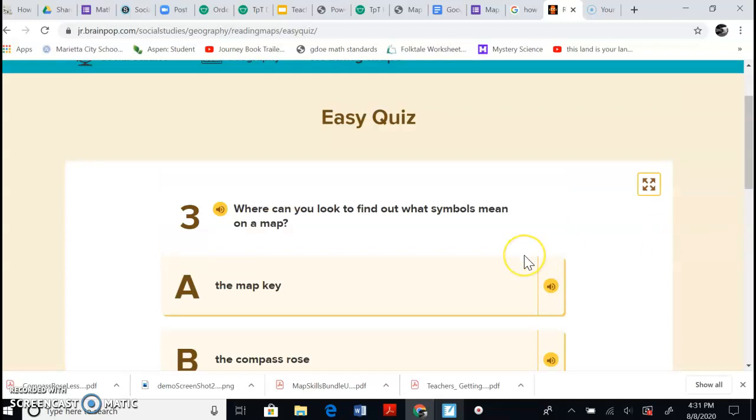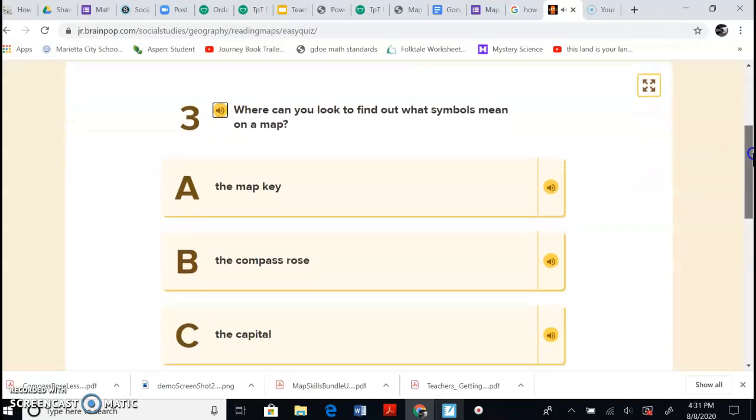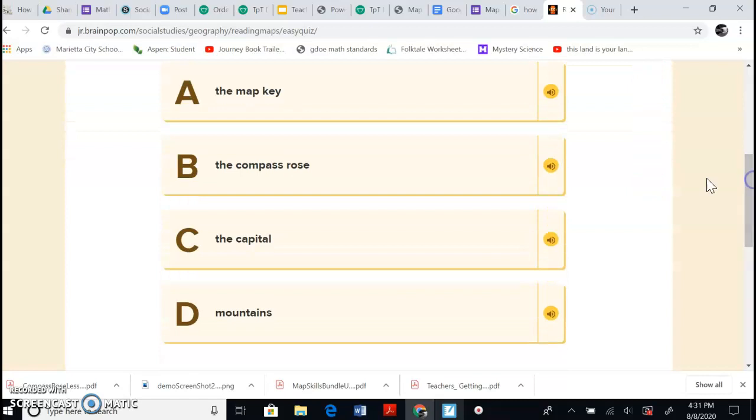Where can you look to find out what the symbols mean on a map? Let's look at my answers. The map key. We talked about the map key, right? I'm going to keep that one in my brain. The compass rose.